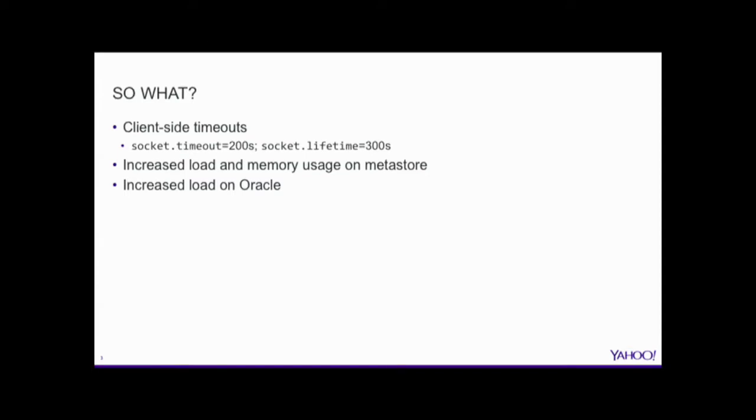So now consider what's happening on the database side of things. We've also got an increased load happening on the Oracle side. This is coming about because we've got multiple Metastores, which are multi-threaded. They're taking in requests from multiple users and launching relatively long-lived queries to try to retrieve information from the Metastore.